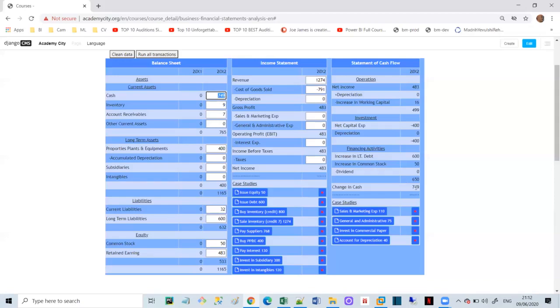So we should see that line somewhere in the statement of cash flow, in the third section. If you look at the statement of cash flow, we have a minus 400. Minus represents the fact that we spent some of the money to increase our investment in long-term assets.